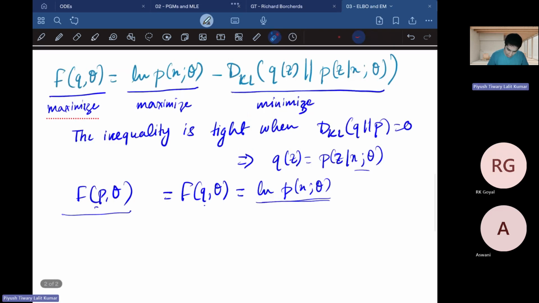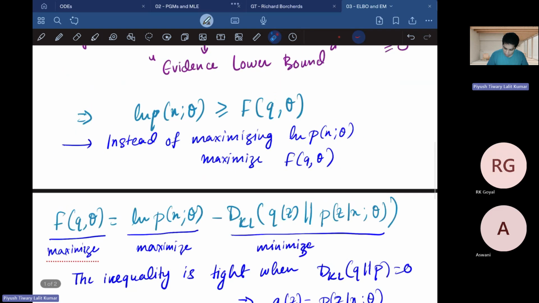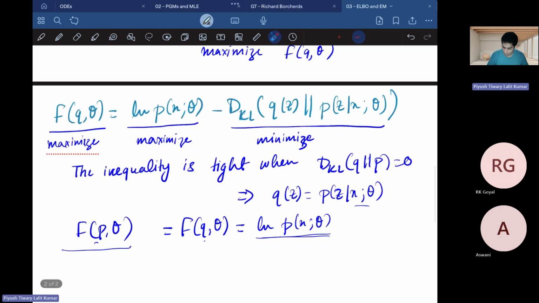So as I was saying earlier, there are two parameters that govern this ELBO. One is this Q and another is this theta. Q basically determines the gap between the log likelihood and the ELBO.